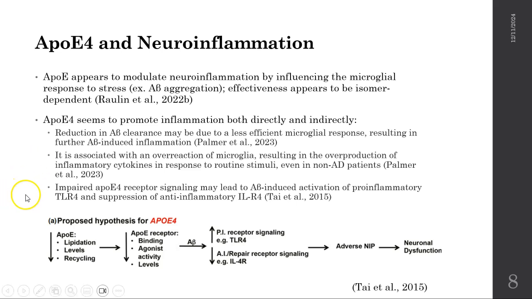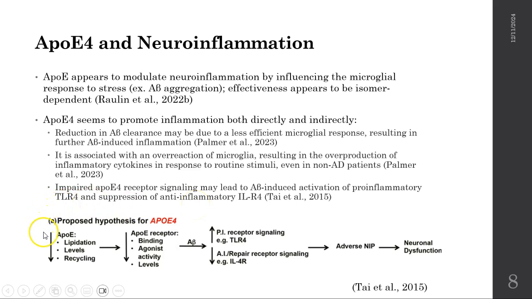A hypothesis for how this pathway works is that impaired APOE4 receptor signaling may lead to beta amyloid-induced activation of toll-like receptor 4, which is a pro-inflammatory pathway, and suppression of interleukin receptor 4, which is an anti-inflammatory pathway.